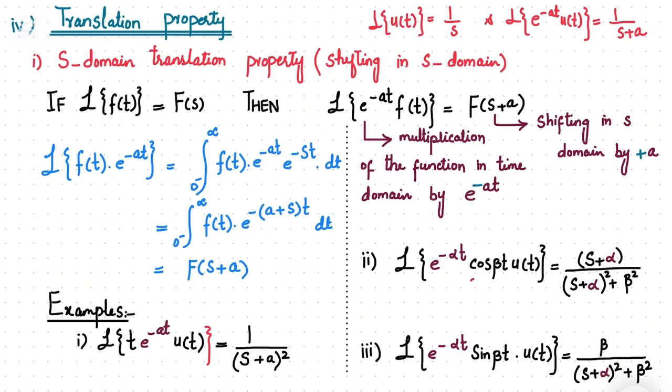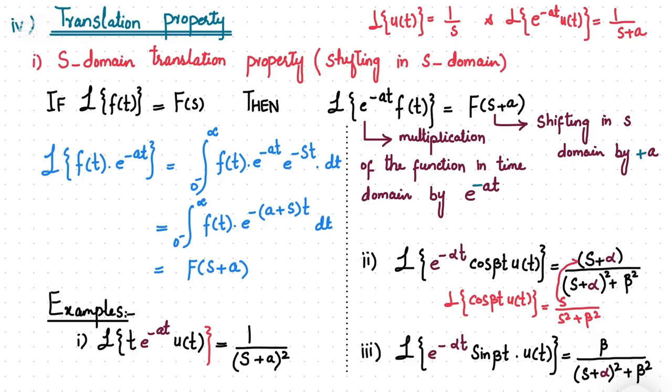Similarly, we just calculated the Laplace transform of cos of beta t into u of t, which was s over s square plus beta square. So when we multiply this function by e raised to power minus alpha t in the time domain, every s is shifted by the same amount.